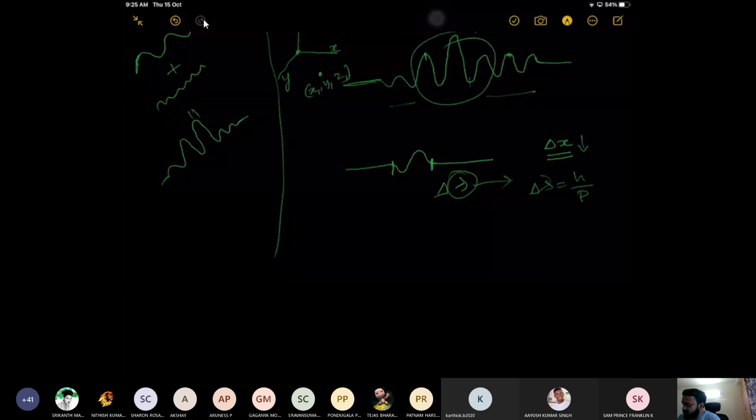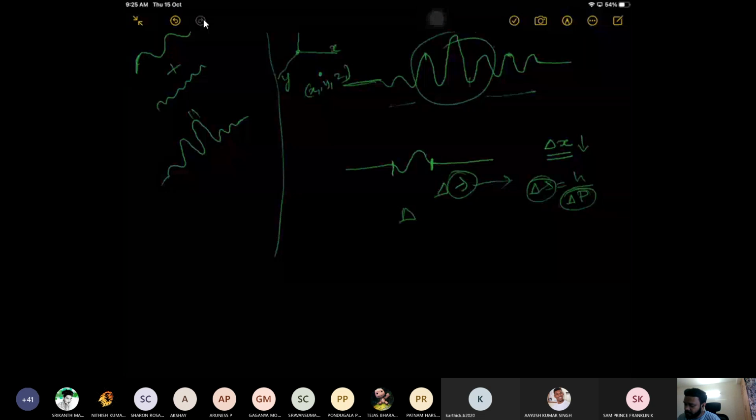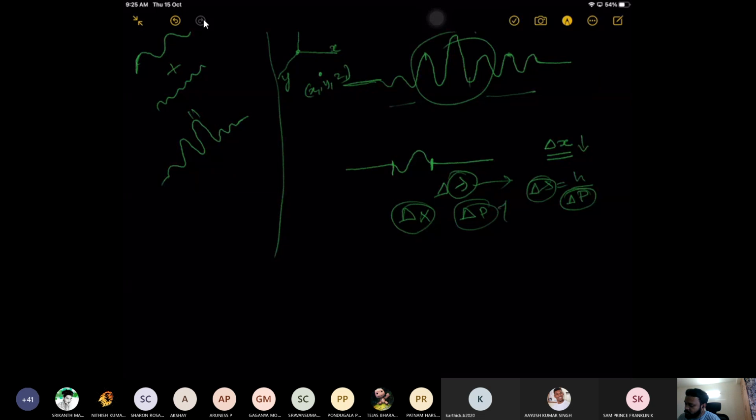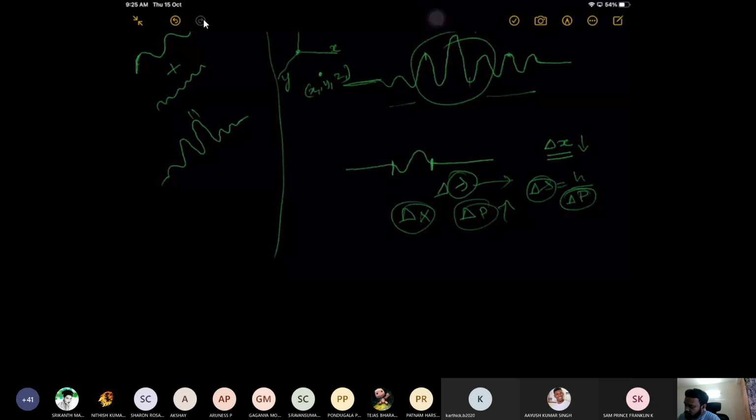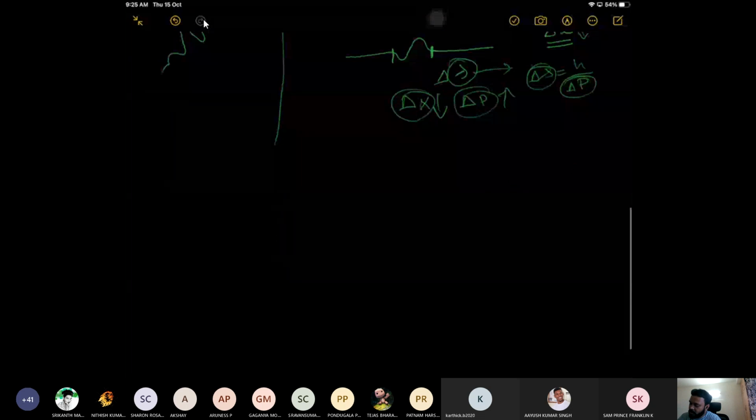So when you have uncertainty in measuring the wavelength, you will also have uncertainty in measuring the momentum. For a wave of this kind, the uncertainty of x, delta x, is low, but the uncertainty of the momentum is very high. So this is scenario number one.